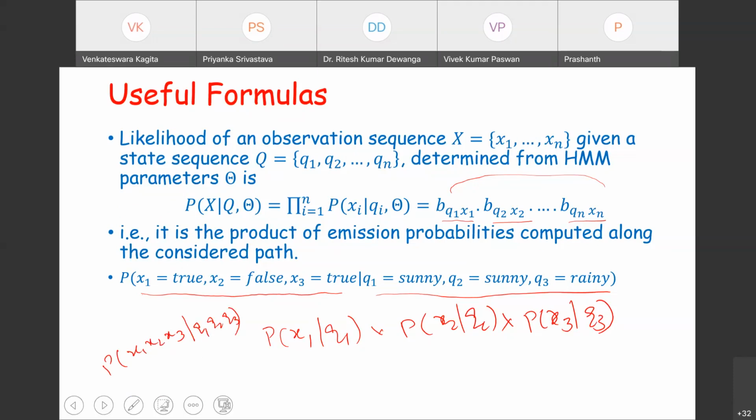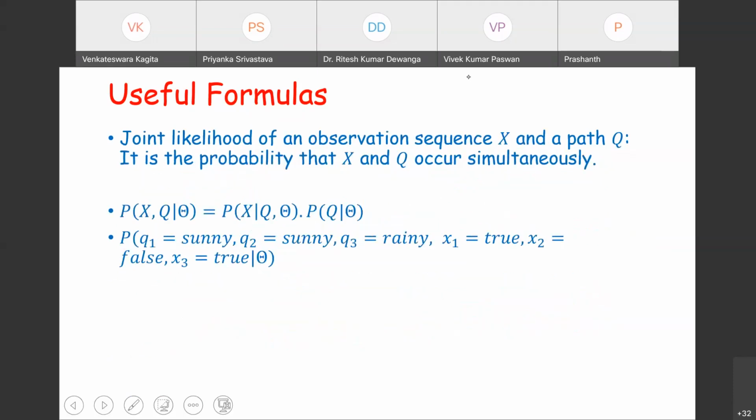So the next thing is the joint likelihood, the likelihood of an observation sequence and a path. Both the things, observation sequence and state sequence. What is given to us? Theta is given to us, which means the parameters pi, A and B. So this can be computed. This we have already solved in one problem.